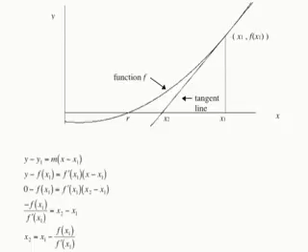So how would we go about finding x2 knowing x1? That's what the formulas and derivations you see on this screen are trying to illustrate. First of all, we have y - y1 = m(x - x1).